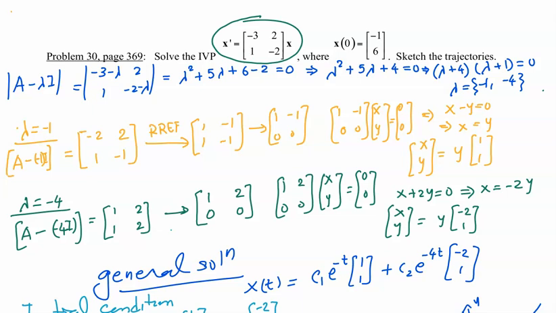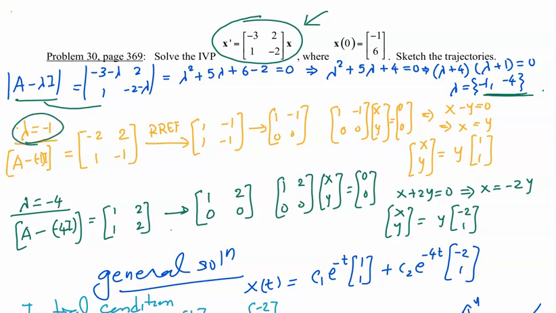So again, this is how you start, with the eigenvalues. And I found the eigenvalues are both negative. Both negative means it's going to be stable because they're moving towards 0, 0. It's still homogeneous, that's why it's towards 0, 0.